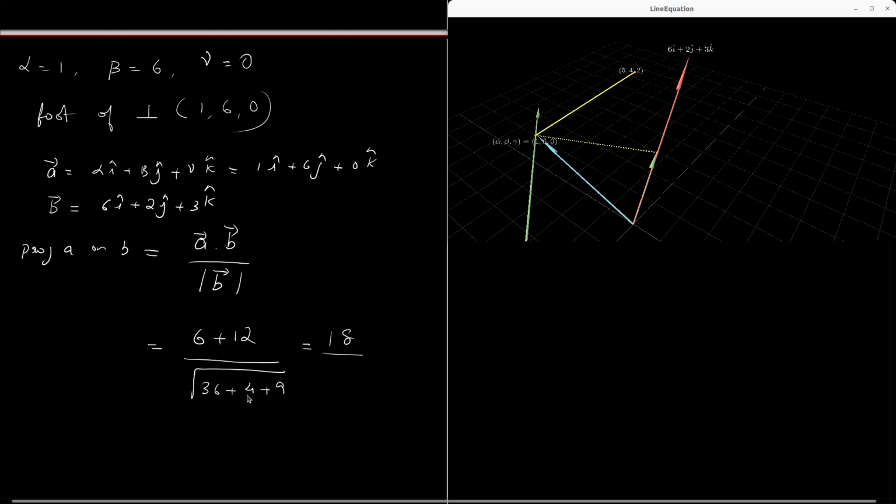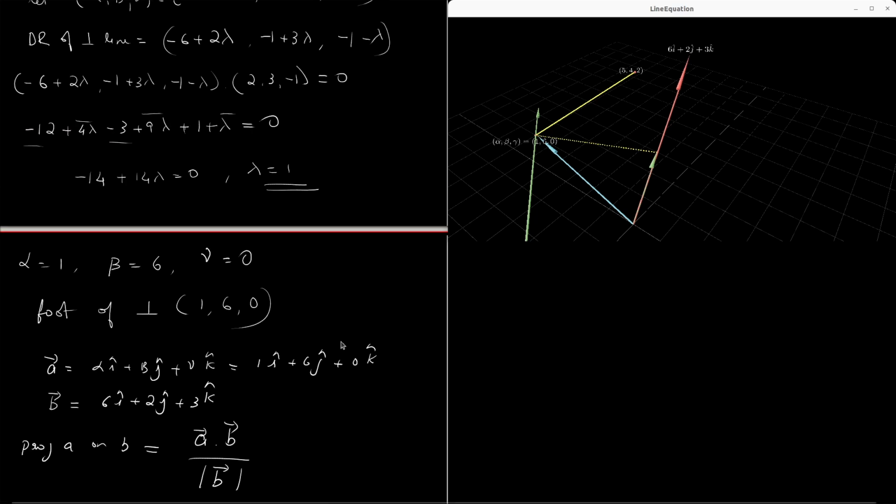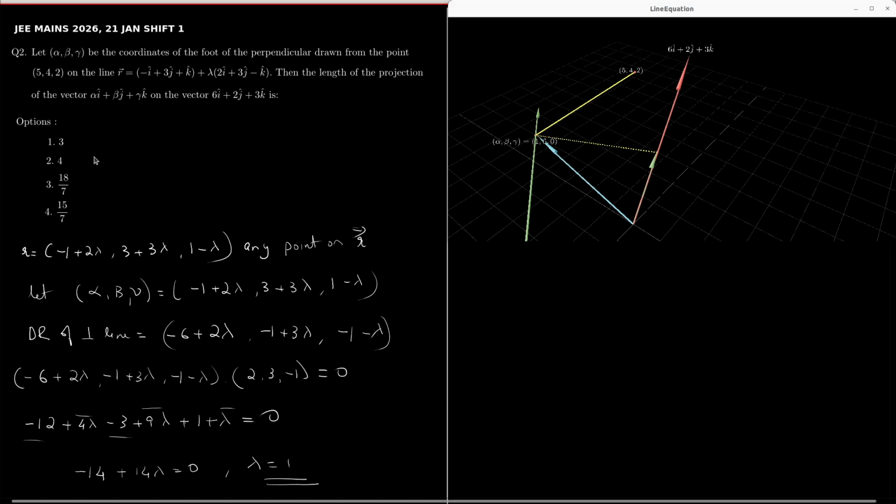Here 36 plus 4 is 40, plus 9 is 49, and the root of 49 is 7. So 18 by 7 is the answer to this question.